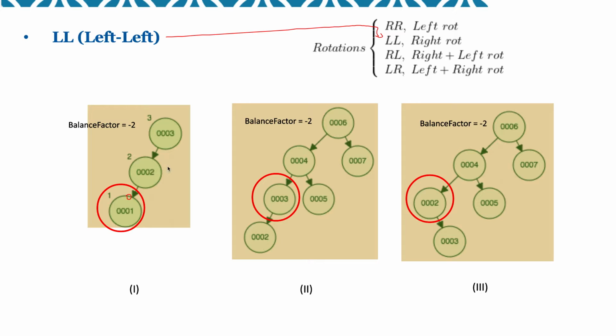The balance factor for this one will be -1, right? Because it has a 0 right subtree. And for the number 3 node, it will have 2 in the left subtree and 0 in the right subtree. So basically, it has -2. It is because of this tree, and this tree is the left node.